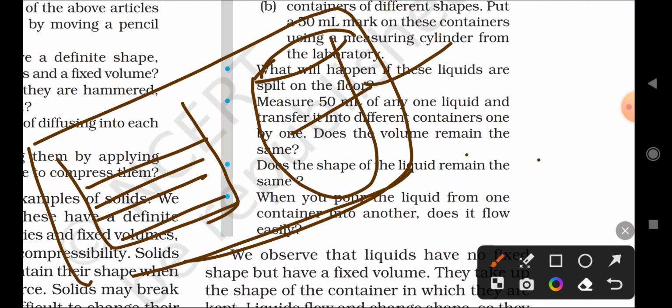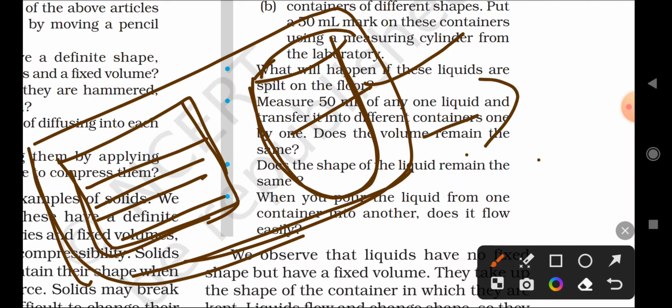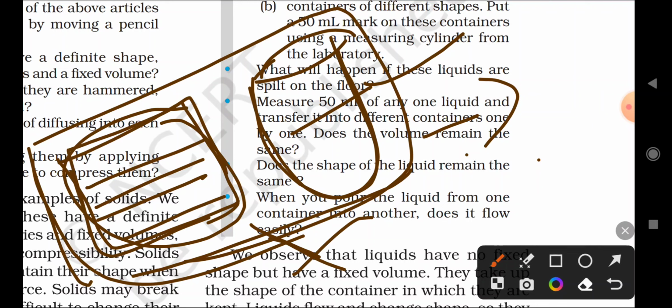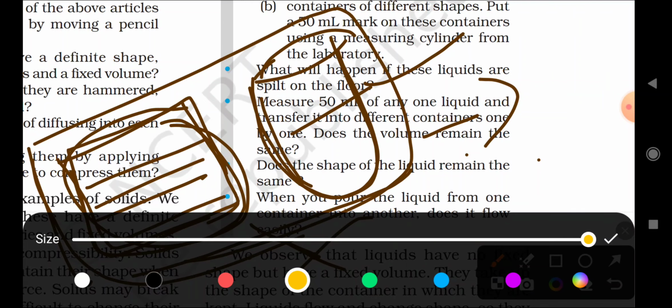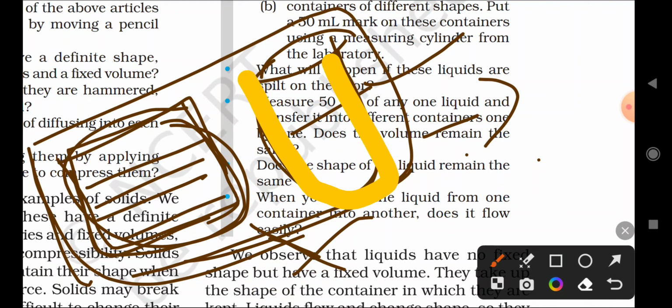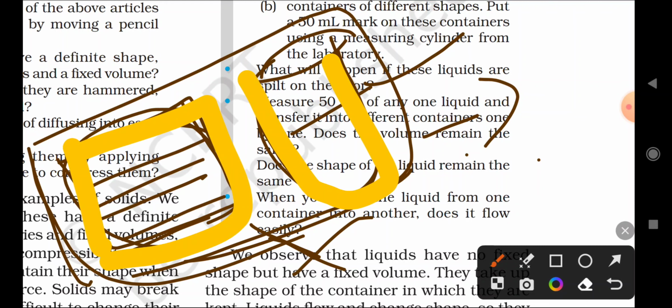This is a rectangular shape and this is a test tube. In both cases the amount of water is the same, but the container shape is different. So according to the container shape the water also takes the shape, but the volume of the water remains the same, only the shape is different in both cases.